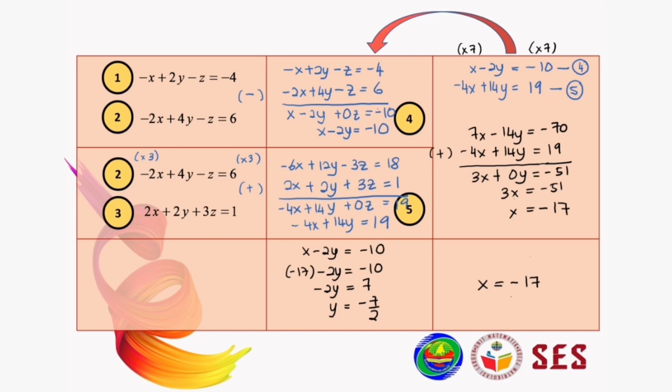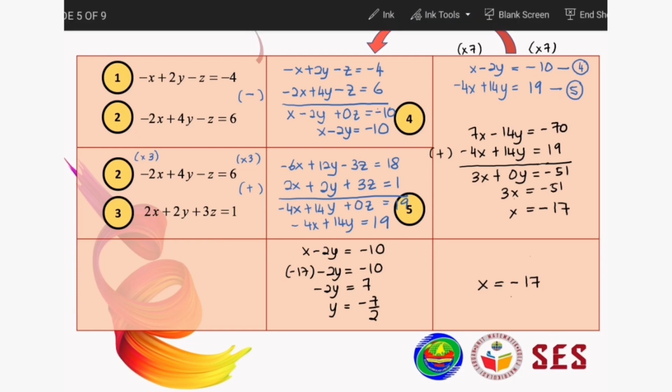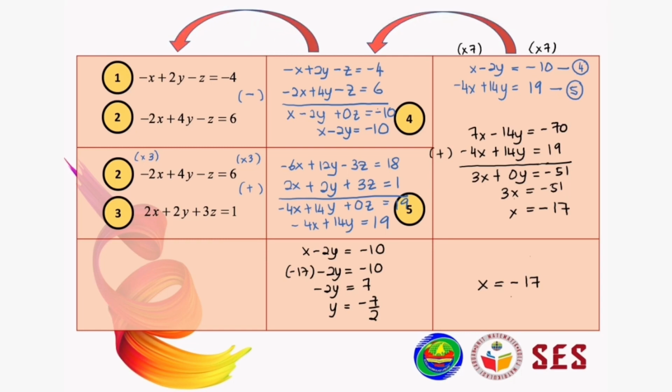And lastly, we find the value of z by replacing the value of x and y that we have obtained in either equation 1, 2 or equation 3. Let us use equation 1. We have negative x plus 2y minus z equals to negative 4. We replace x with negative 17. We replace y with negative 7 over 2. And we will simplify the equation to get 17 minus 7 minus z equals to negative 4.